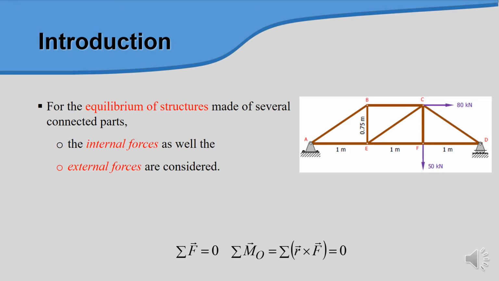For the equilibrium of a structure made of several connected parts, the first one is internal forces, and the second one we have external forces, which in this diagram indicates 80 kilonewton, and also we have 50 kilonewton.